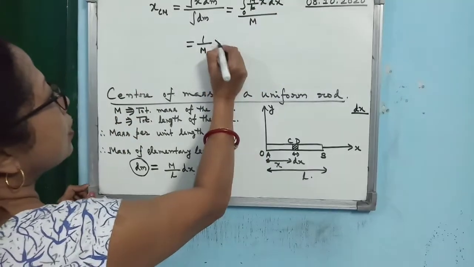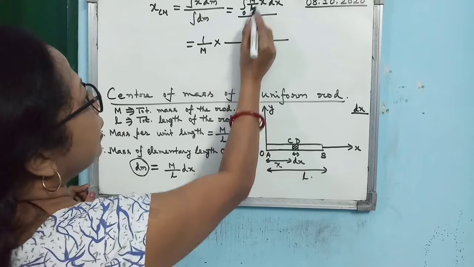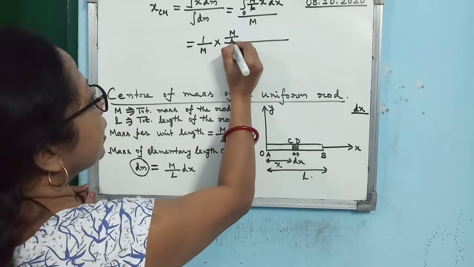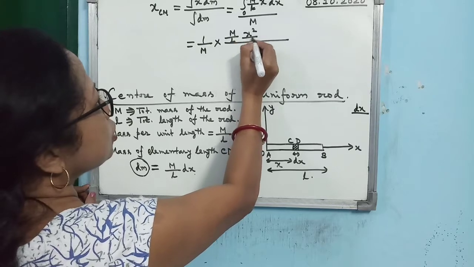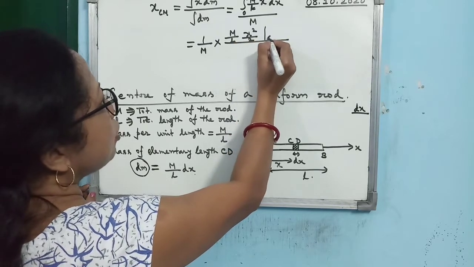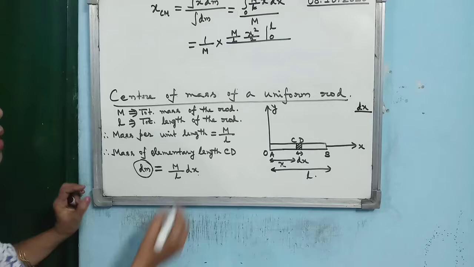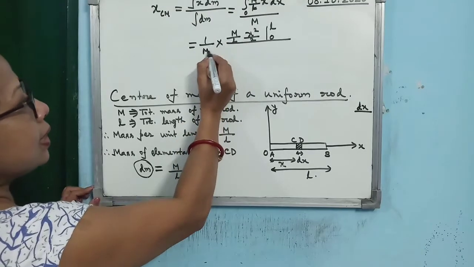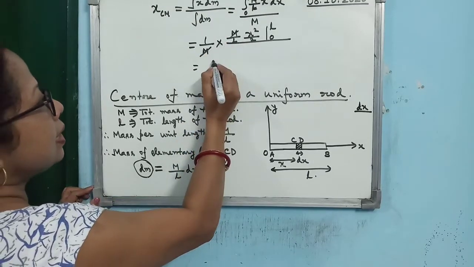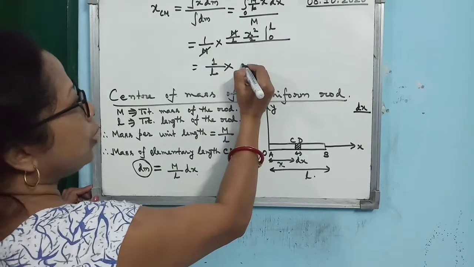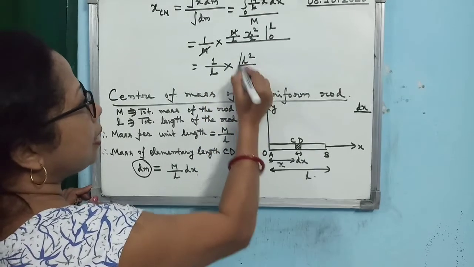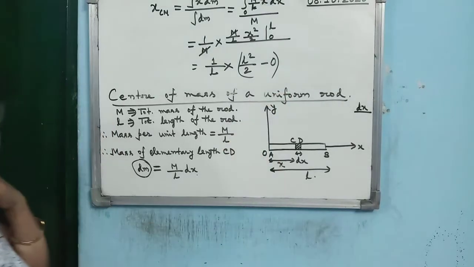So in the numerator, m by L you can take outside, then integration x dx is x square by 2, and then you have to put the limit 0 to L. So you see what is happening here, m is getting cancelled, it is coming 1 by L, and in x square by 2, when we put the limit, it will come L square by 2 minus 0.